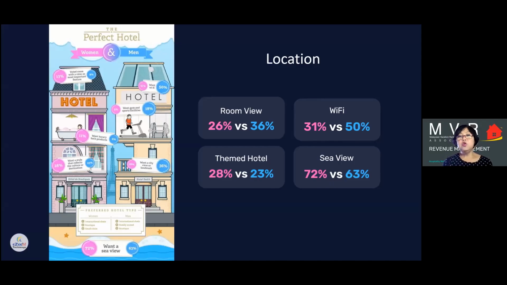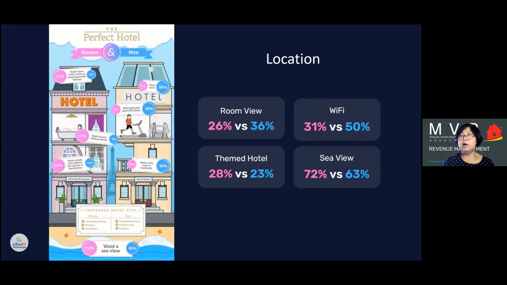Location: you may have different locations, hotels in different locations, or your apartments in different locations. KLCC, Cyberjaya, Sunway, KL City Center, Bukit Bintang, and the view you offer may be different.